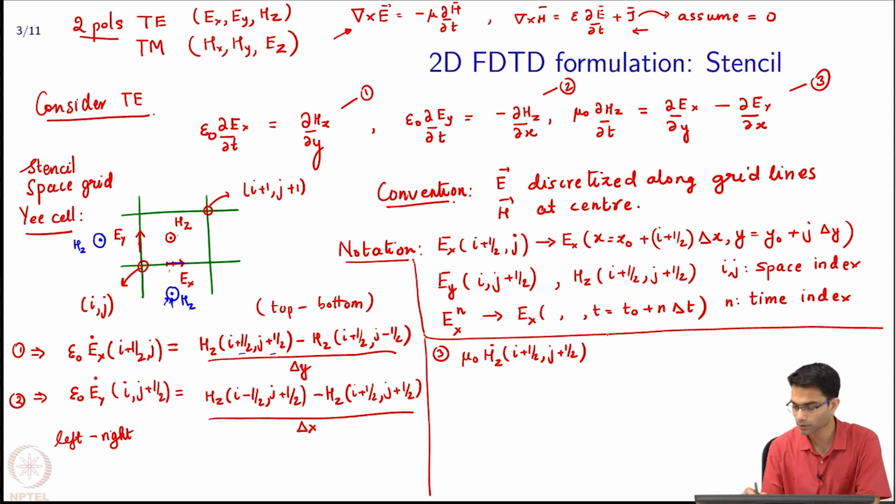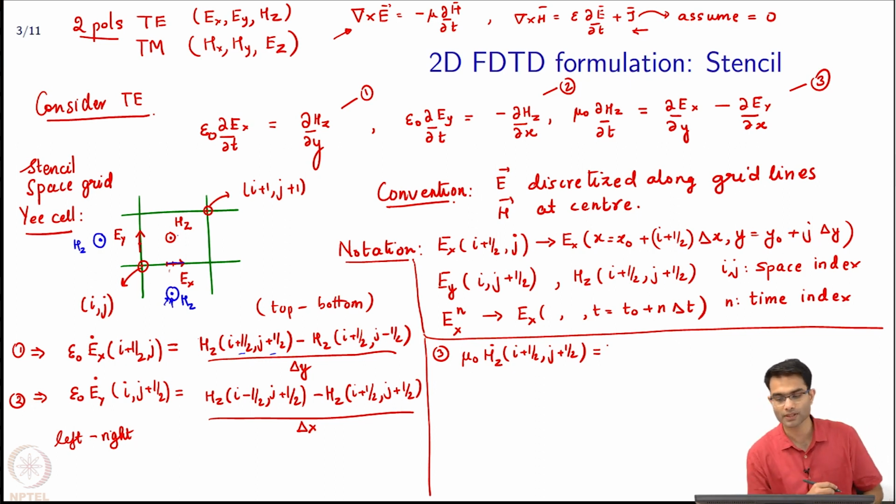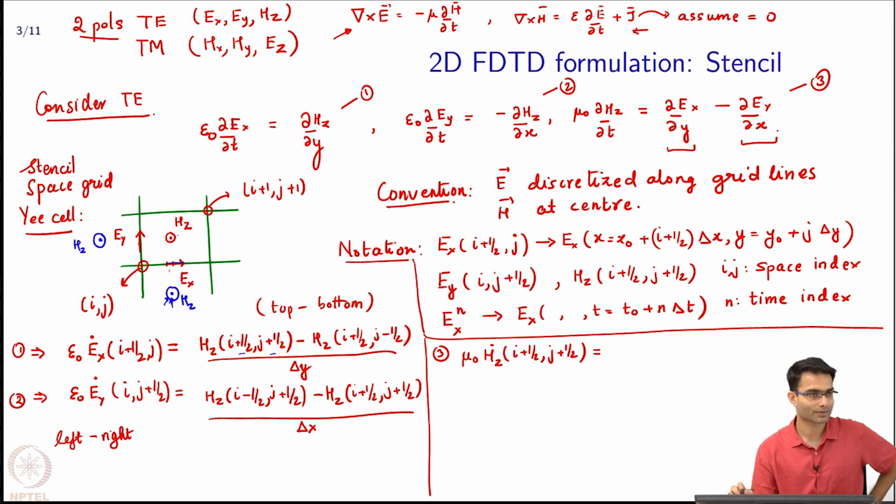Now I have to write this in terms of space derivatives of Ex and Ey. This is the first term and this is the second term. The first term is the Ex y derivative.